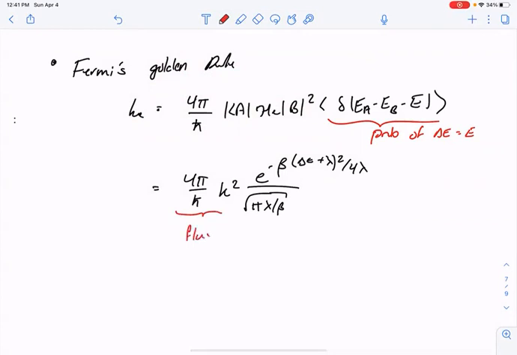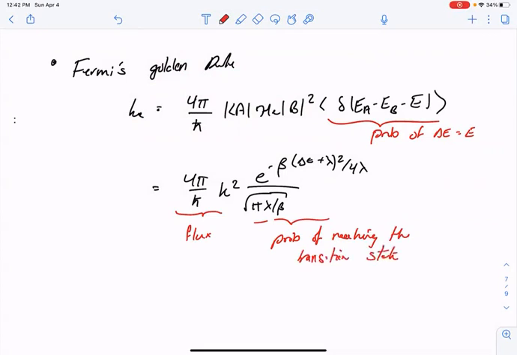That's the flux through the barrier, and this is the probability of reaching the transition state. In this case, given by that resonance condition, the probability of finding the electron, finding the solvent in a configuration where the energies of the electron being localized on one side or the other, the donor or the acceptor, is identical.